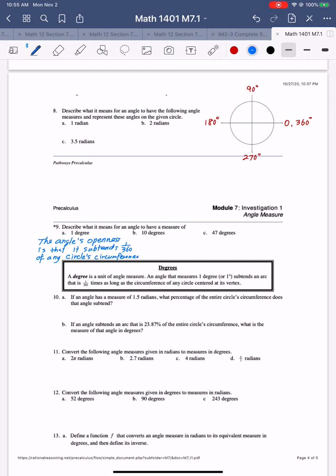So what about 10 degrees? That is 10 out of 360. For 47 degrees, it is 47 out of 360. The degree is what we use these symbols for.